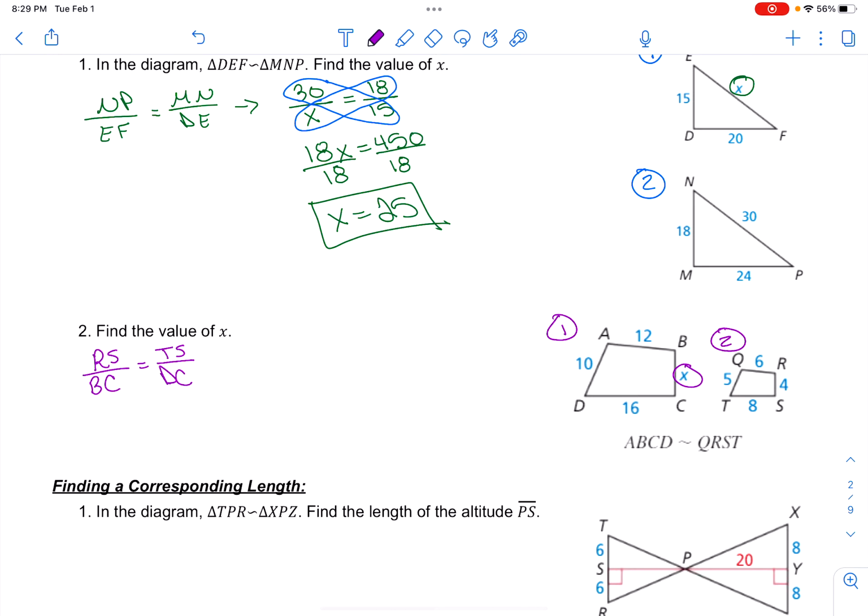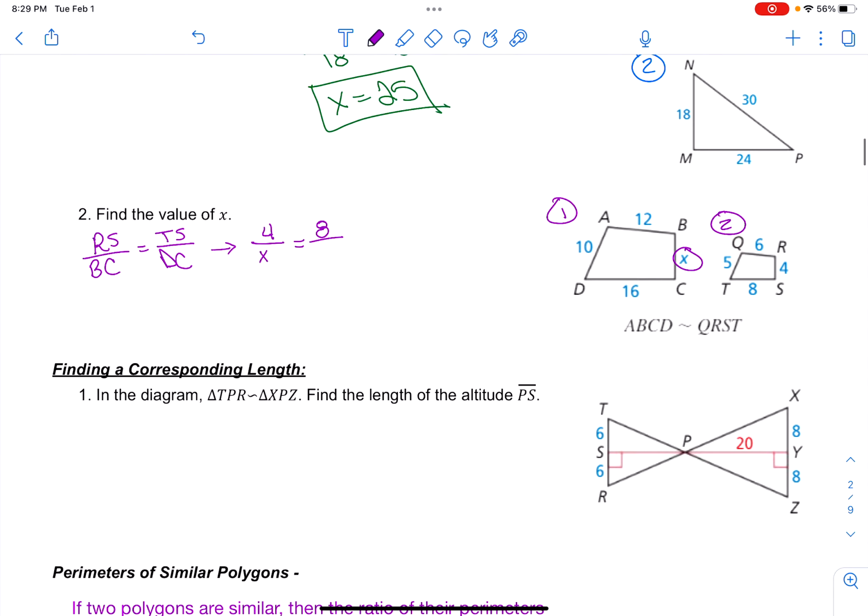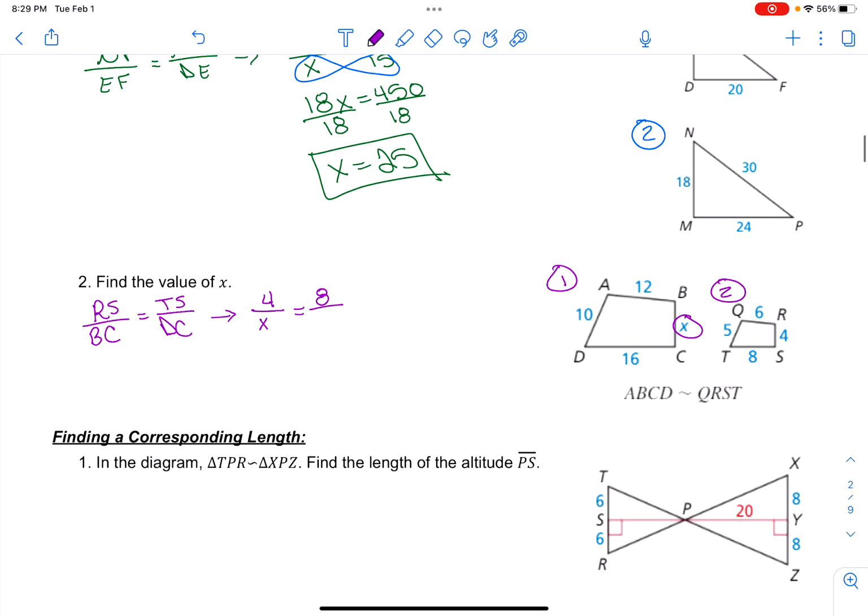DC was my shape 1, so that goes on bottom. So then now I just plug in my stuff. So RS was 4. BC was our X, that's what we don't know. TS is 8. And, oh my goodness, I'm so sorry. And DC is 16.